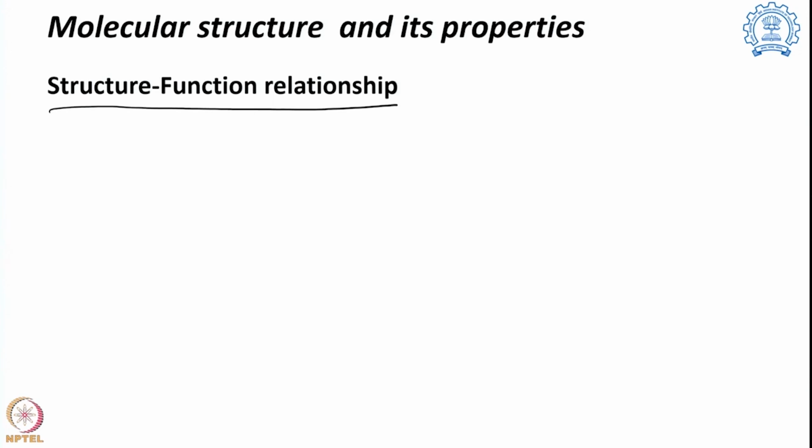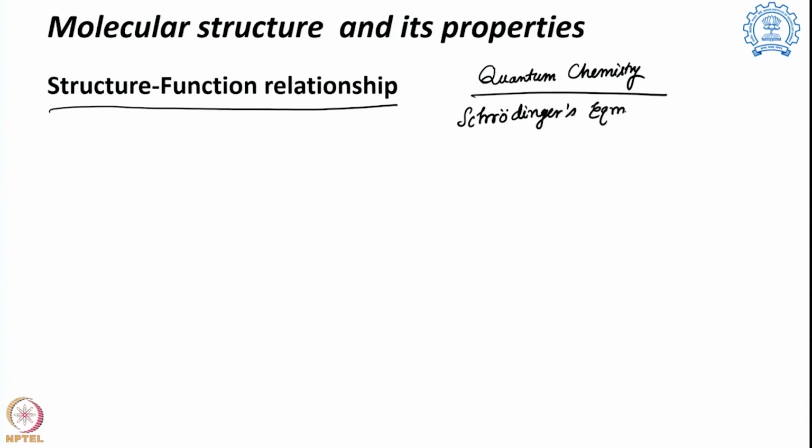So, in quantum chemistry we have various equations that come to our mind, but one of the most important equations is the Schrodinger equation. And what is a Schrodinger equation?